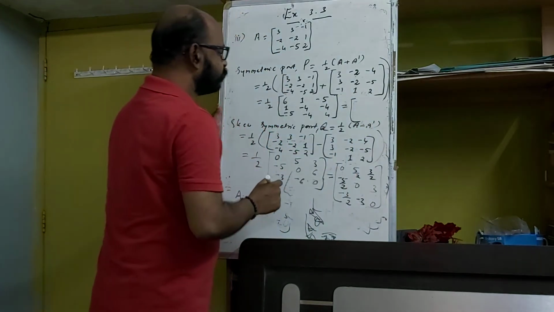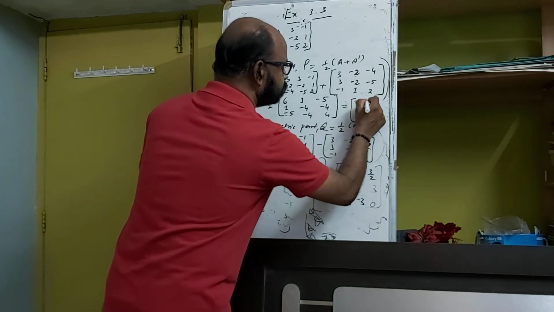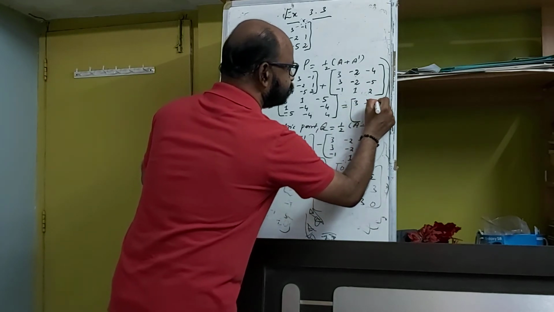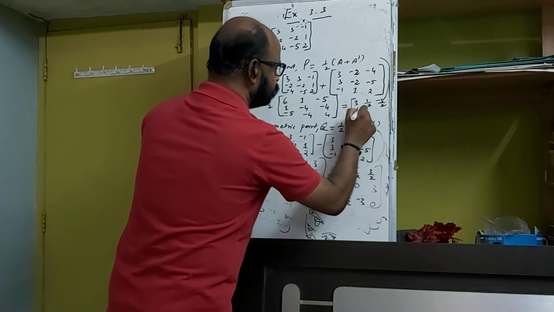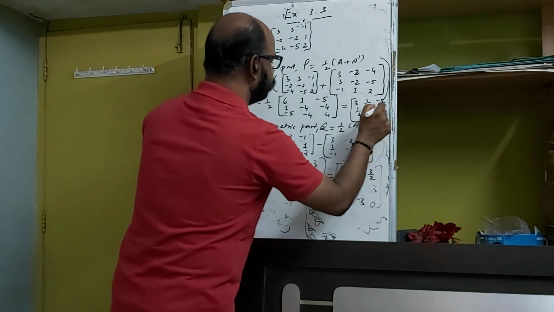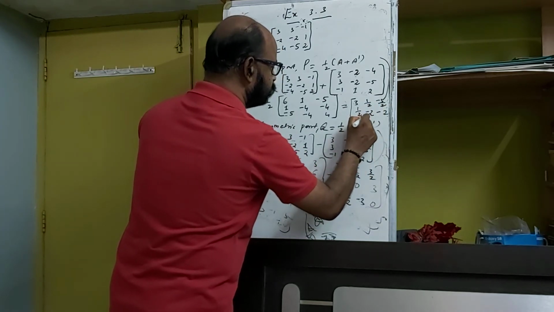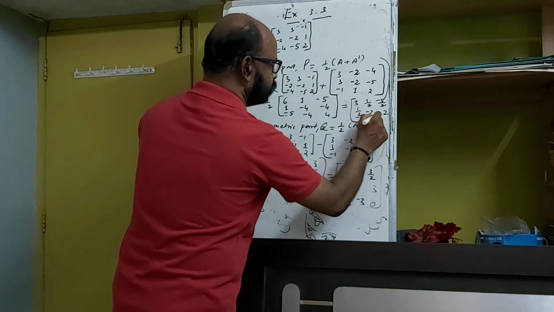Okay, means division by 2. So 6 by 2, 3, 1 by 2, minus 5 by 2, 1 by 2, minus 2, minus 2, minus 5 by 2, minus 2.